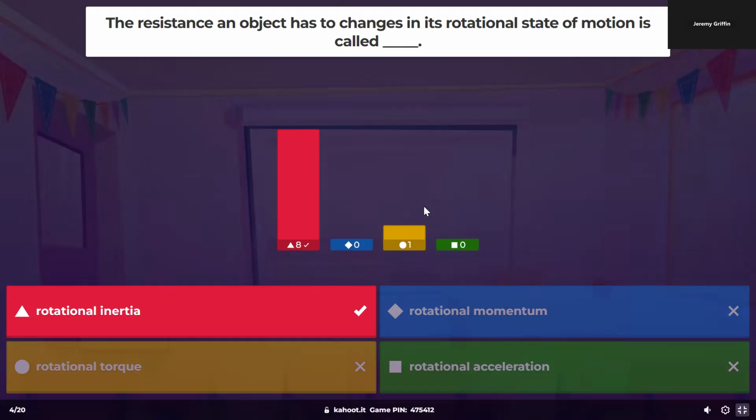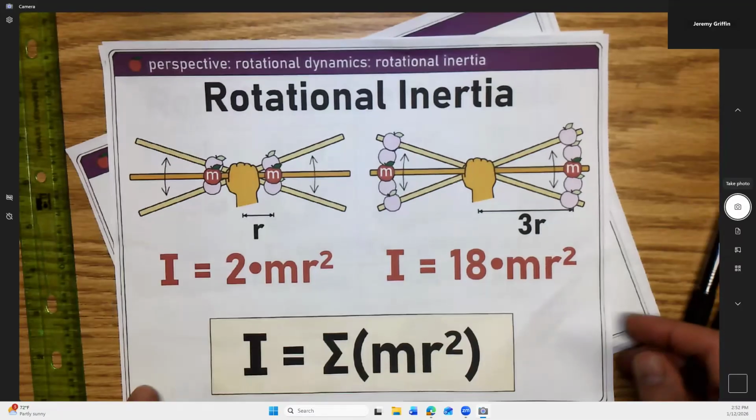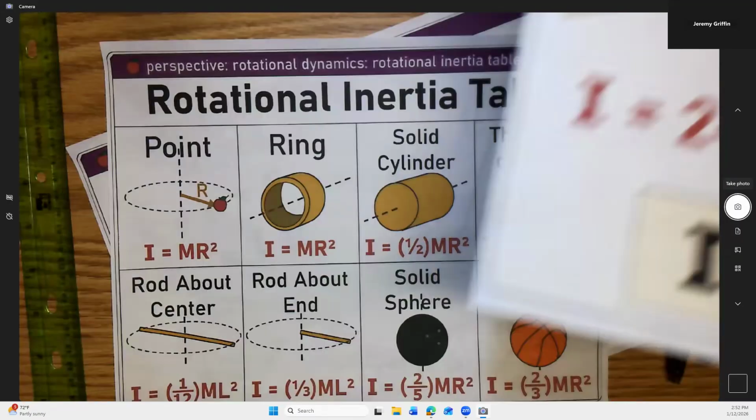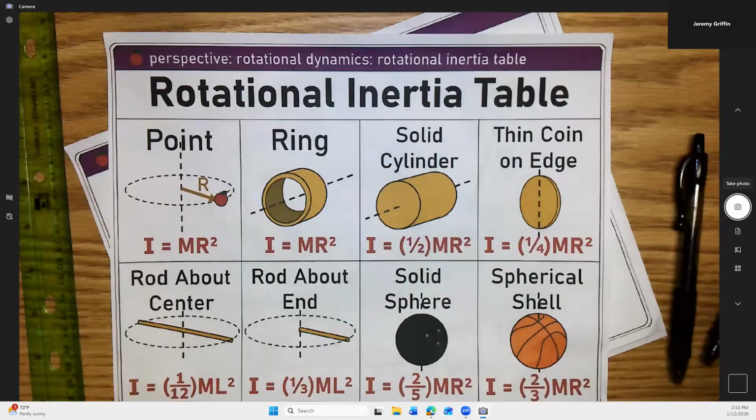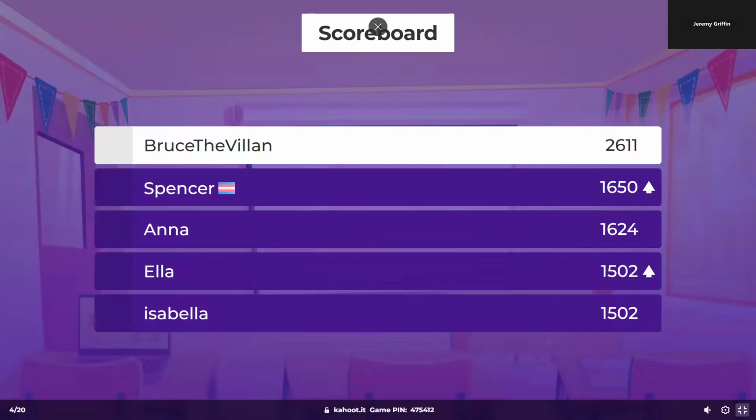Yeah, rotational inertia. There you go. That's exactly what that is. Rotational inertia. And of course, a lot of these rigid rotating objects have been worked out ahead of time, so I've got a whole table of values right there.